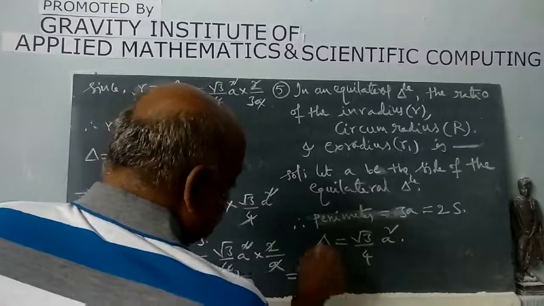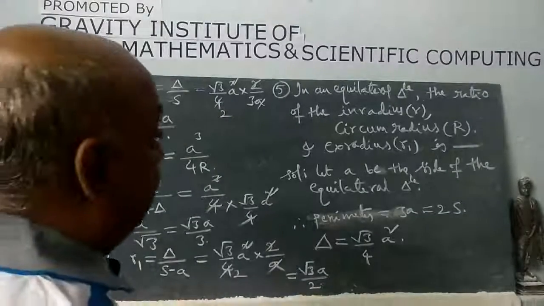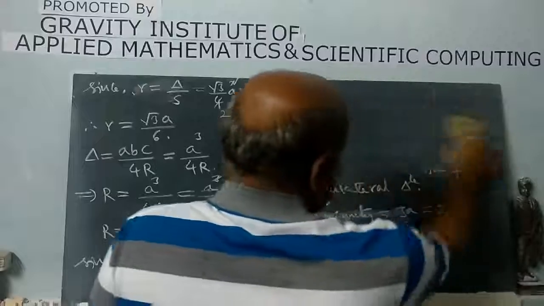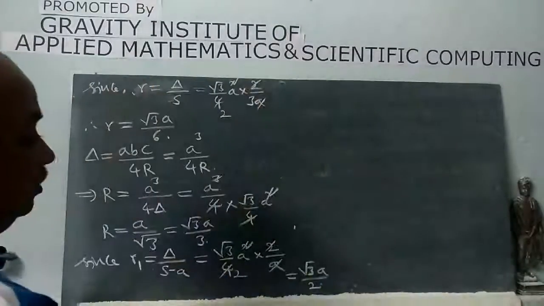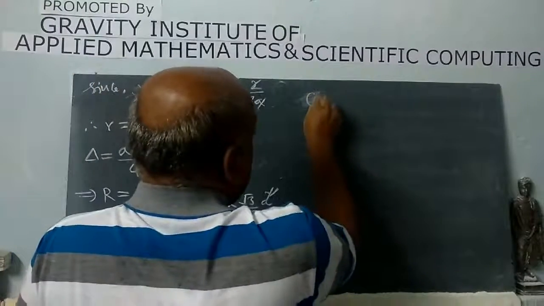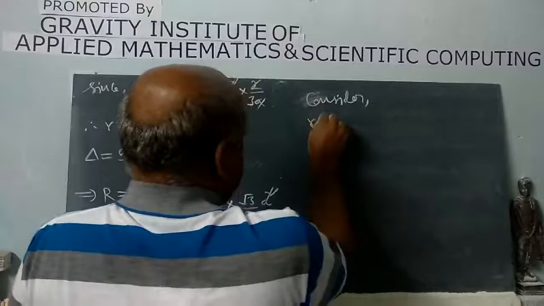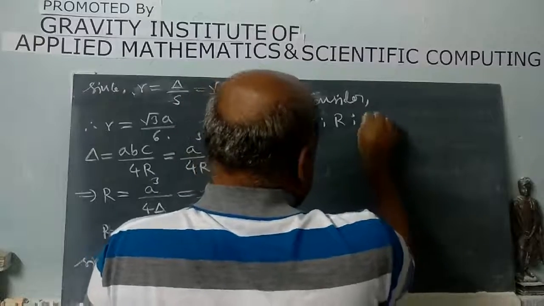Now taking it in ratio form, let us consider small r is to capital R is to r1.